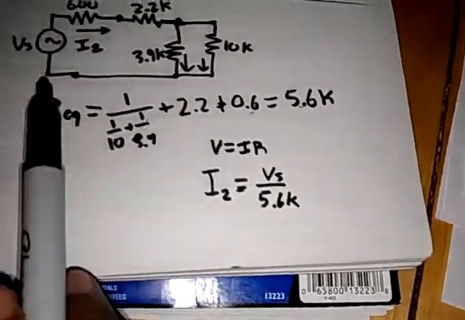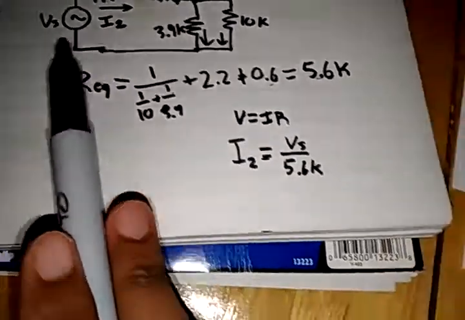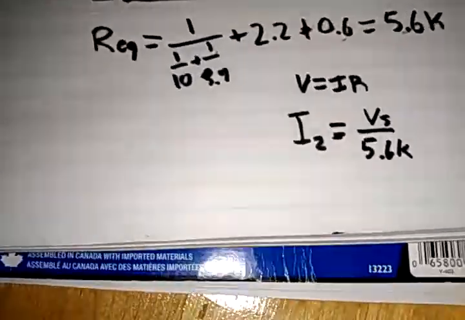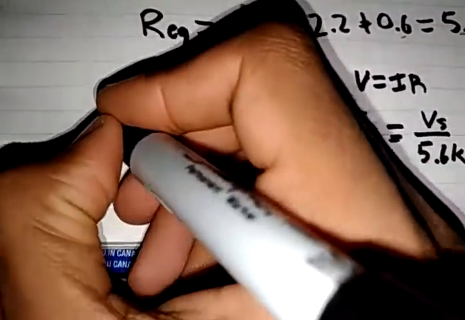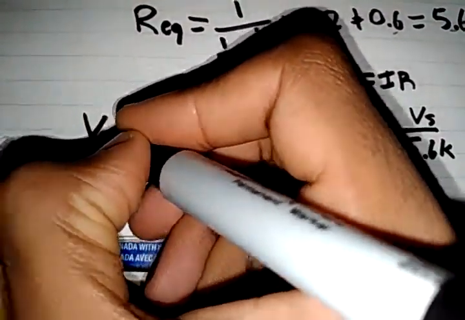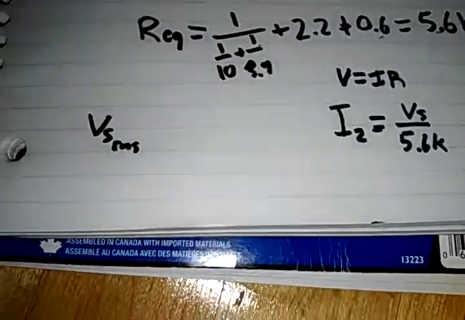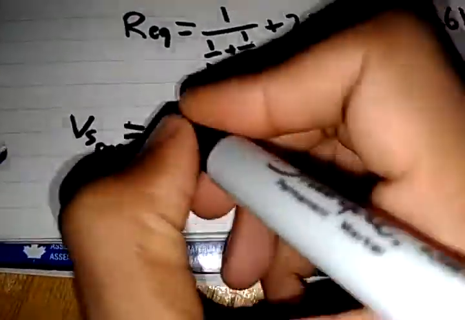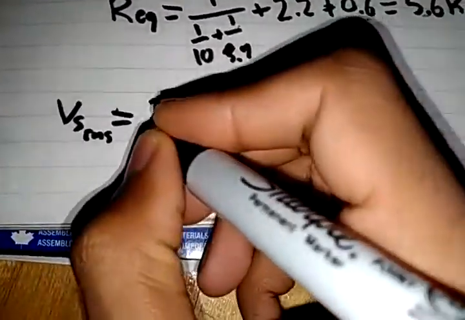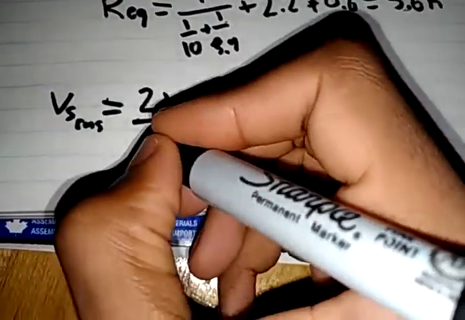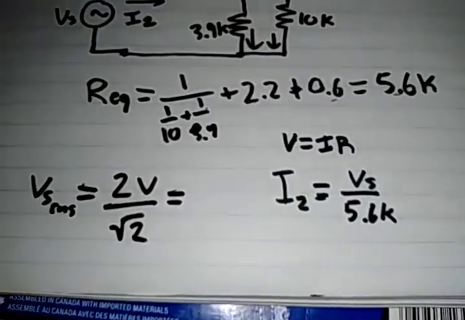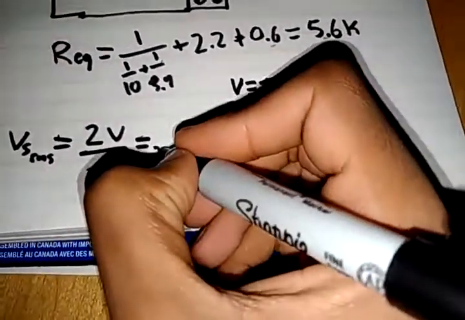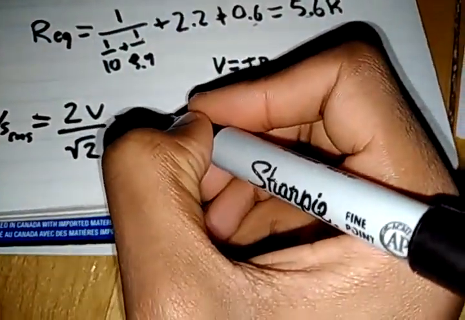Then we can convert Vs to the root mean square and use it just as a DC would be used. So the amplitude is 2 volts, which means Vs RMS, the source voltage in root mean square, is equal to 2 volts divided by root 2, which is equal to root 2 volts.